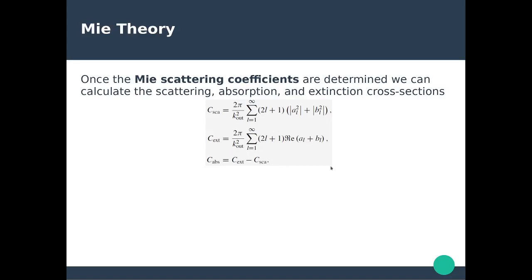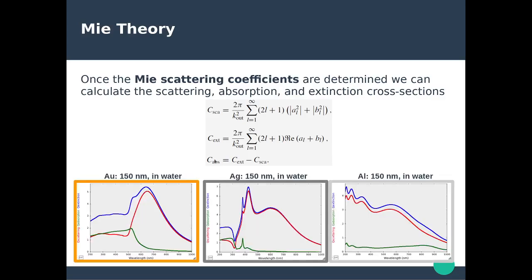Well, once you calculate those cross-sections, what you're going to get is basically a spectrum. So these are three examples for gold nanoparticles, silver nanoparticles, and aluminum nanoparticles of the same size, 150 nanometers, immersed in water. And you have the blue, which is the extinction spectrum. That's the expression in the middle here. The red one is the scattering spectrum.